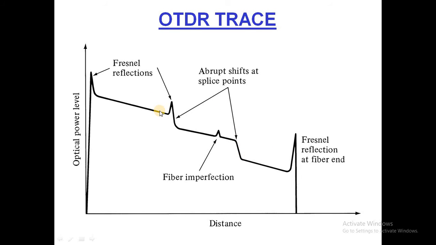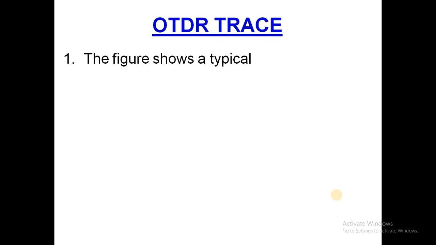At every point there will be a loss when you are shifting from one point to another. So, the Fresnel reflection at the fiber end, you can see. As the distance increases, the power decreases due to the distance and the loss in the optical fiber. So the figure shows the typical OTDR trace.